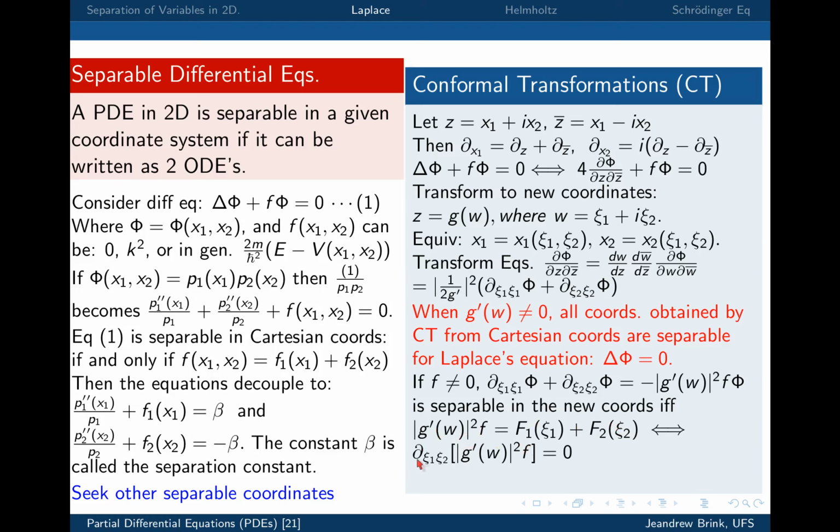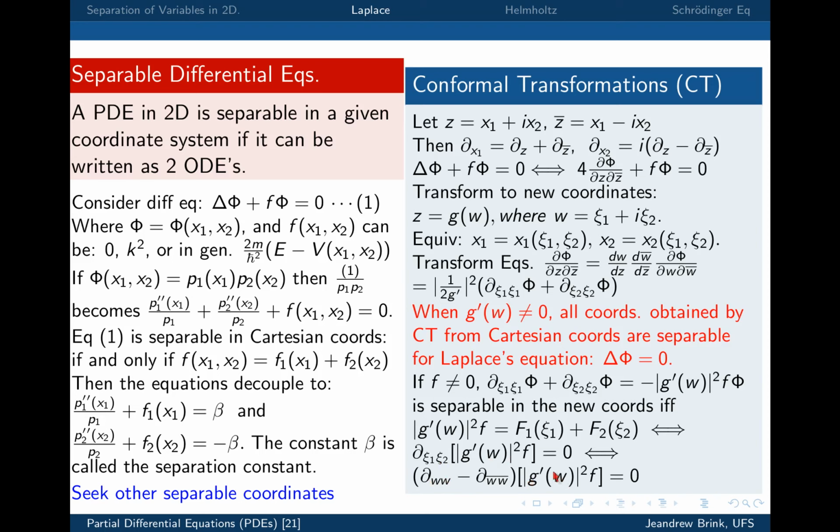So this expression here, or this condition, is entirely equivalent to saying if this thing's derivative with respect to C1 and C2 is 0, then it's separable. So I'm just rewriting the condition for separability. Okay, another way of writing that is also equivalently this. So if you have the norm in terms of W rather than the new coordinates, you can carry out this check as well.